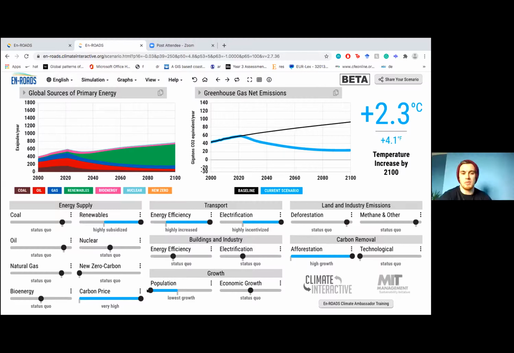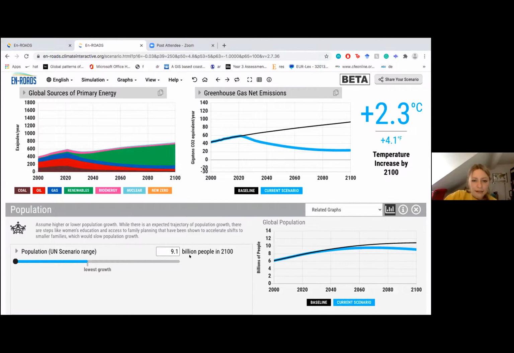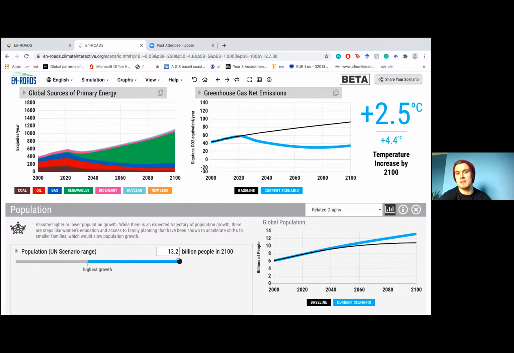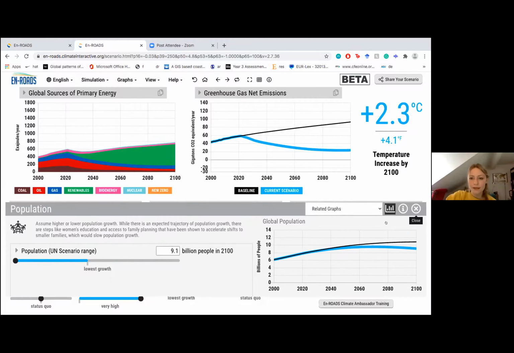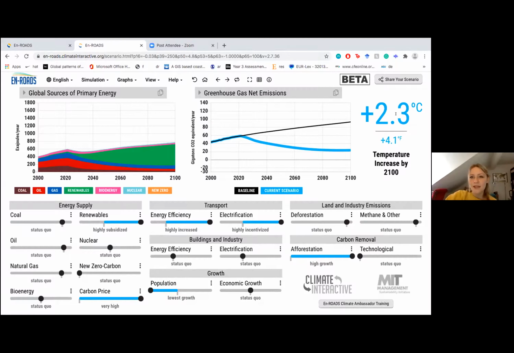What is the growth rate for the lowest growth? Does it tell you? You can probably look at it here. This would be having 9.1 billion people in 2100, and if we had normal, it would be 10.9. Okay. So we can make that really low. But we're almost there, to be honest. We just need to really increase the price of carbon.